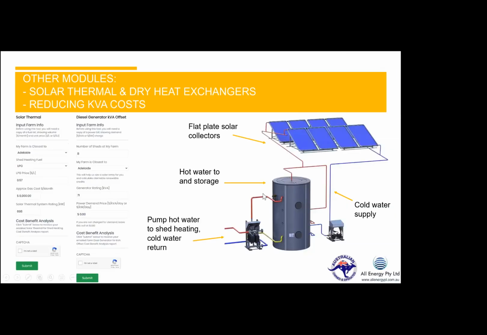Here's an example of a solar thermal system. You'll normally have a heat storage system or a tank with a pump, heat exchanger, variable speed drive to recover that heat as required. There's some advantages there around using one of these closed systems to provide dry heat into a shed.